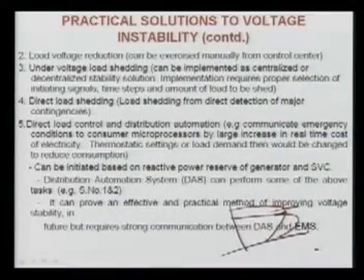Direct load control and distribution automation, that is DA, communicate emergency conditions to consumers' microprocessors by a large increase in the real-time cost of electricity. Thermostatic settings of the load demand would then be changed to reduce the consumption, because voltage stability can be improved from the generation end, the transmission end, and also from the distribution end.